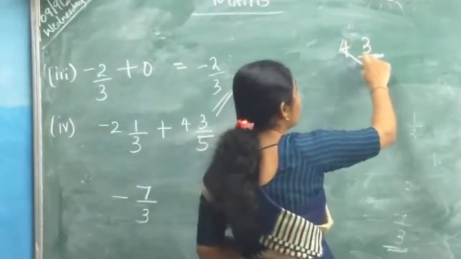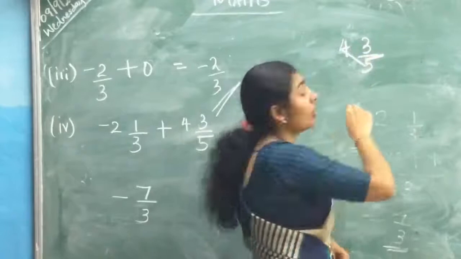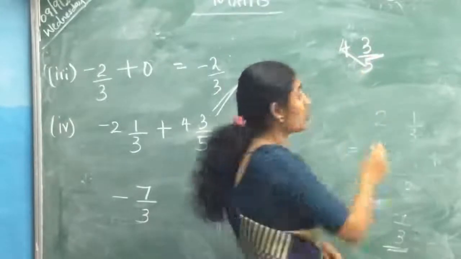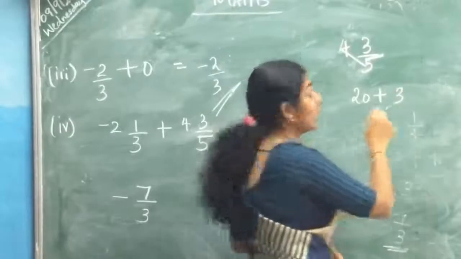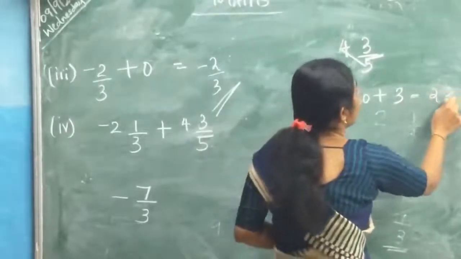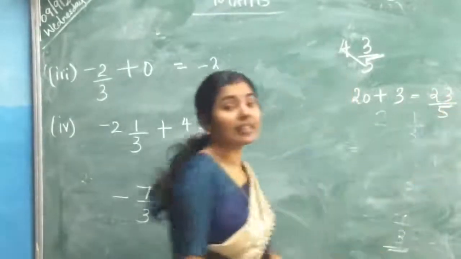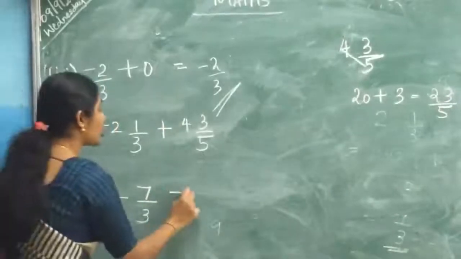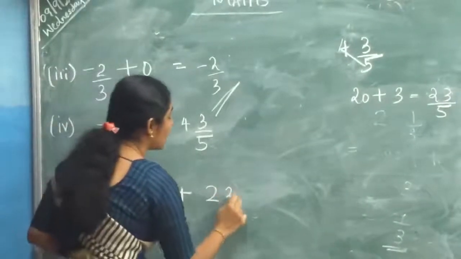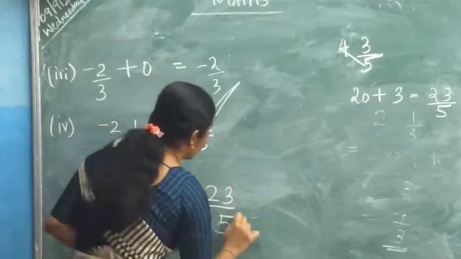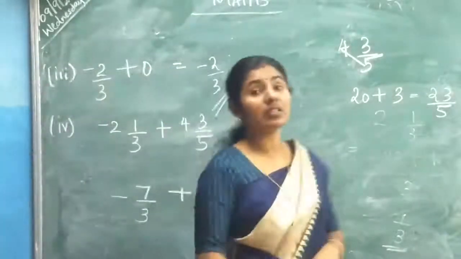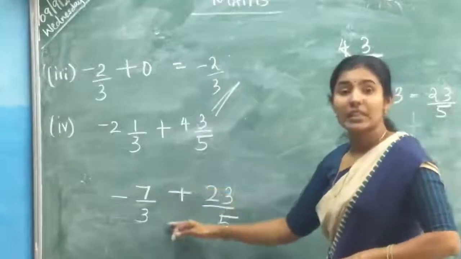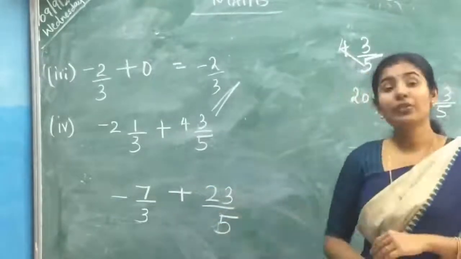First you multiply 4 and 5. 4 multiplied by 5 is 20. 20 plus 3 is 23. So the improper fraction is 23 by 5. Now we see you are getting the expression minus 7 by 3 plus 23 by 5.